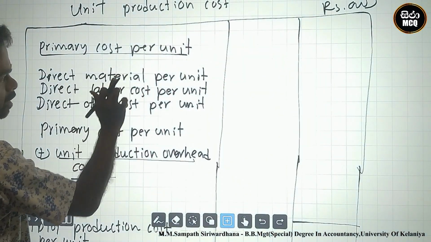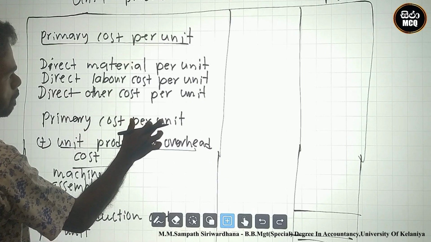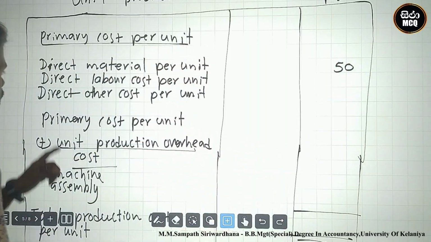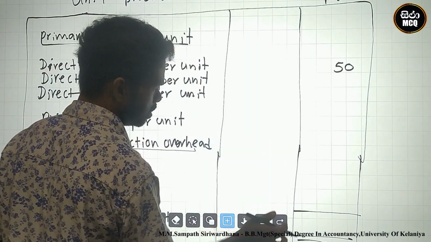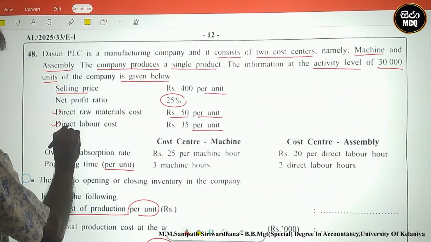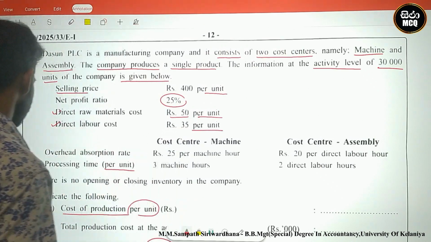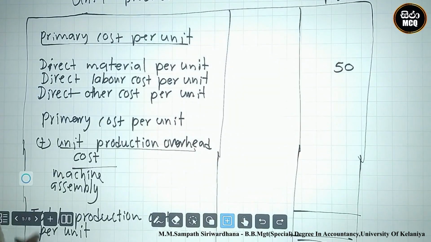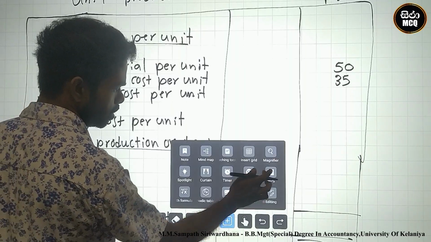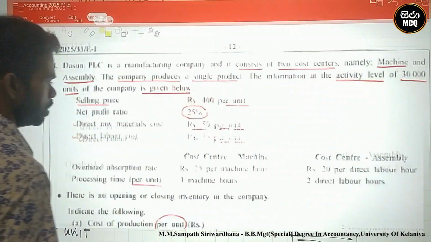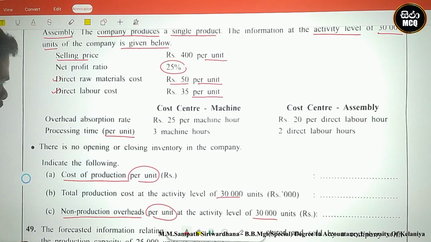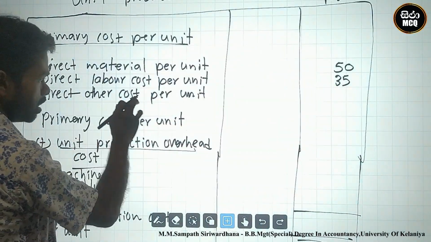Direct labor cost is 35 per unit. There is no direct other cost.